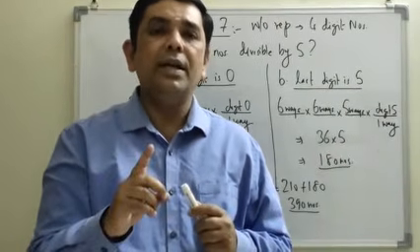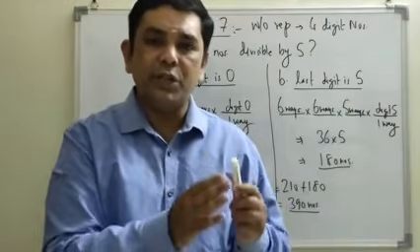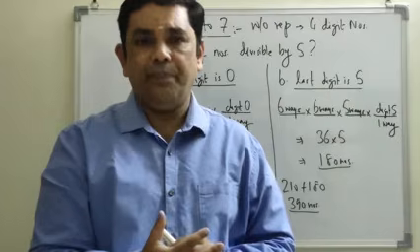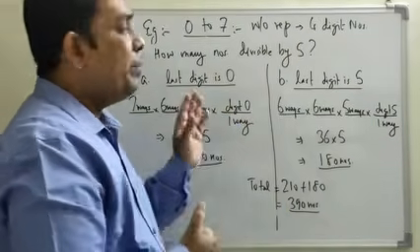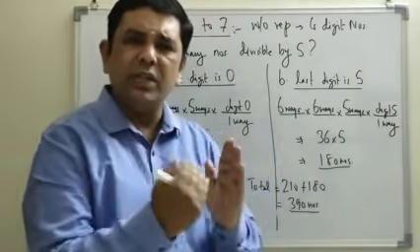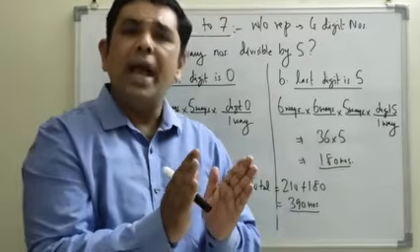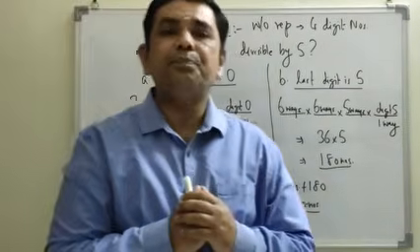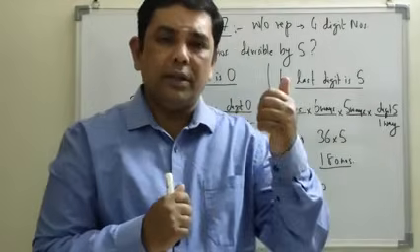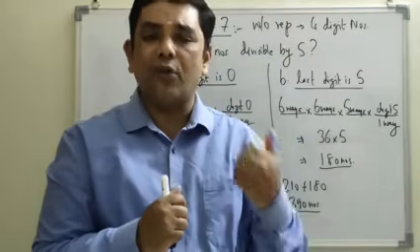The first one, please check whether repetition of digits is allowed or not, right? You might be wondering, what if repetition of digits is allowed? Then obviously the thought process will be the same, except that now you will be doing it with repetition.